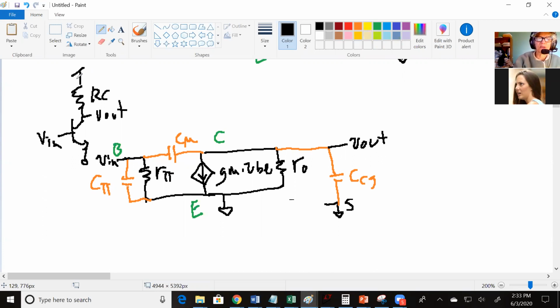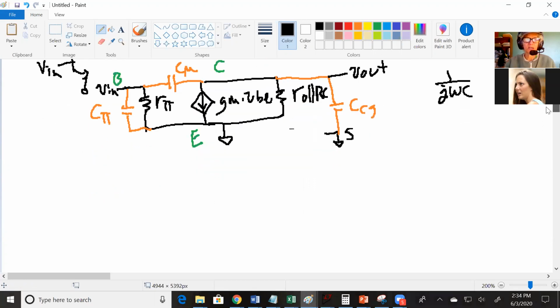It goes from this node to ground, so it actually ends up in parallel here. And this is the middle frequency, in quotes. It used to be the high frequency model, but now it's the middle frequency model with the capacitances included. Okay, this looks really scary, but all of these capacitances, you get to treat them as resistors of size 1 over omega C or 1 over SC, whatever's more convenient.